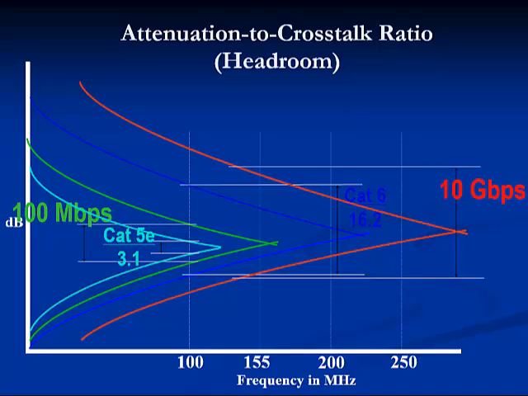Greater headroom is desirable because it provides additional performance margin that can compensate for the sins of cheap connectors or sloppy termination practices. It also results in a slight increase in the maximum bandwidth of the cable. The differential between the crosstalk noise and the attenuation loss of signal is important because it assures that the signal being sent down a wire is stronger at the receiving end than any interference that may be imposed by crosstalk or other noise.